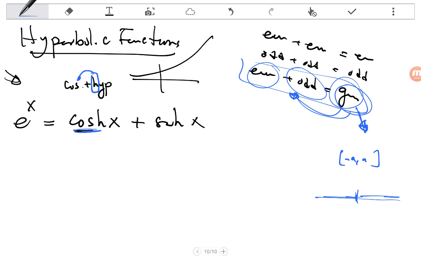It is pronounced like this, cosh. And this is pronounced as shine, or in some universities they just pronounce it as sine. So it may be pronounced as shine or as sine. Or some pronounce it as cosine h and sine h. So this is the even component and this is the odd component.